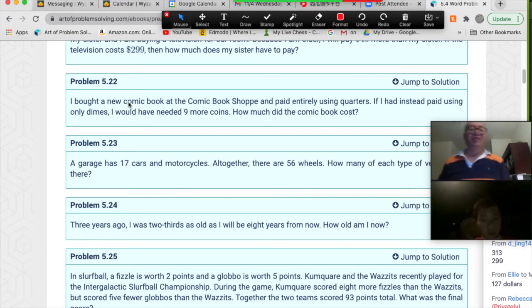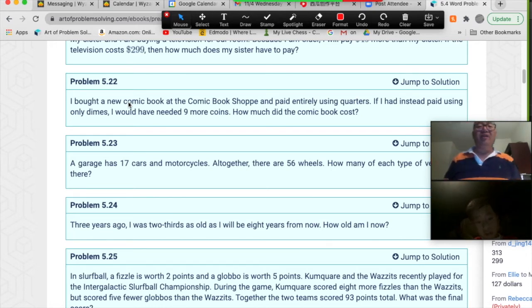Okay, everybody do this. I bought a new comic book at a comic book shop and paid entirely using quarters. If I had paid using only dimes, I would have needed 9 more coins.